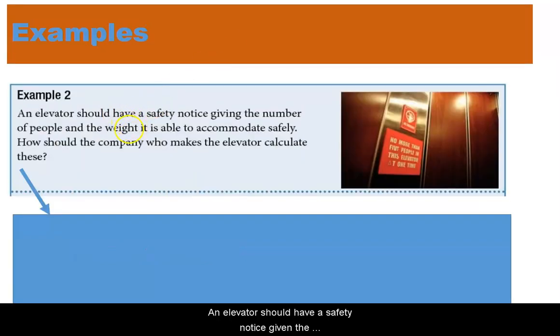An elevator should have a safety notice given the number of people and the weight it is able to accommodate safely. How should the company that makes the elevator calculate this? If we are looking at this elevator, it should have a safety notice given the number of people and the weight it can accommodate.